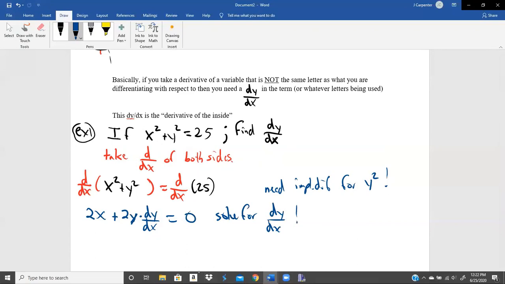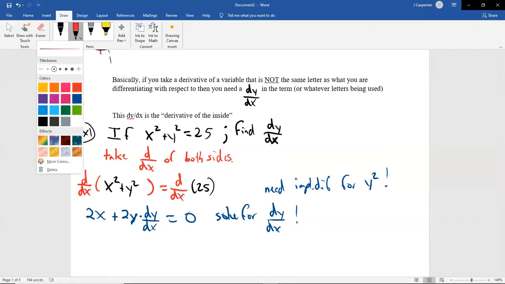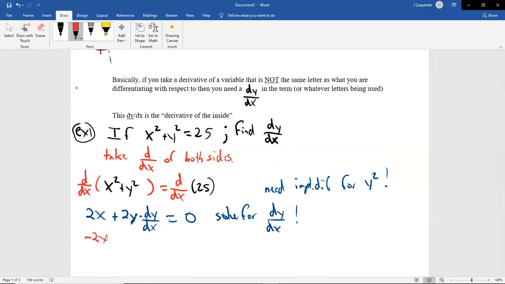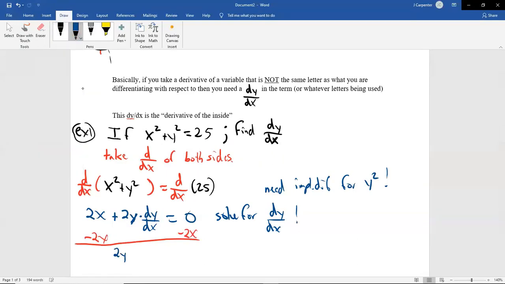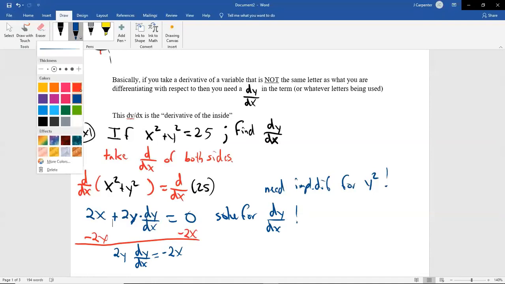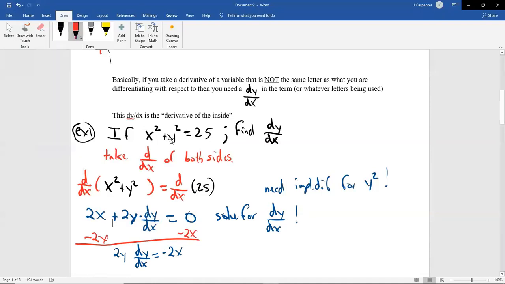Let's subtract the 2x on both sides. I'll show the work since it has that weird thing, which will give us 2y times dy over dx equals negative 2x. Then we're going to divide both sides by the 2y.